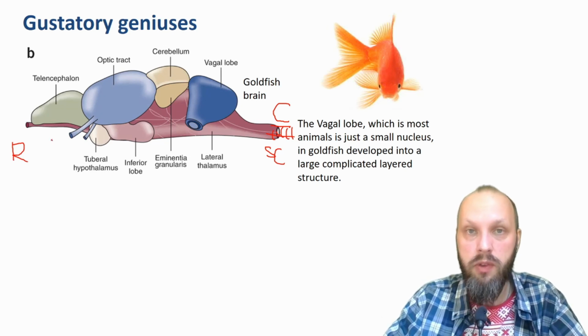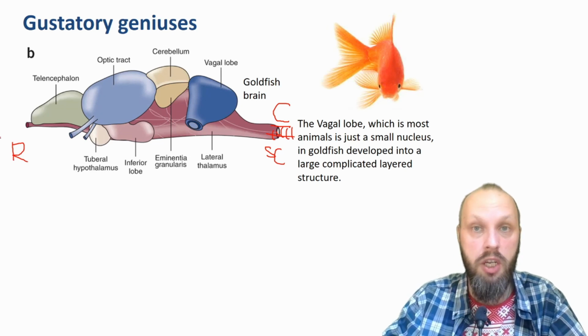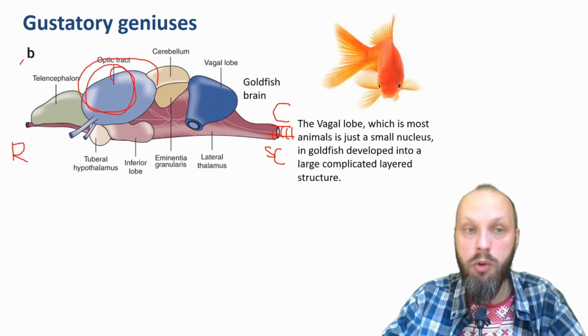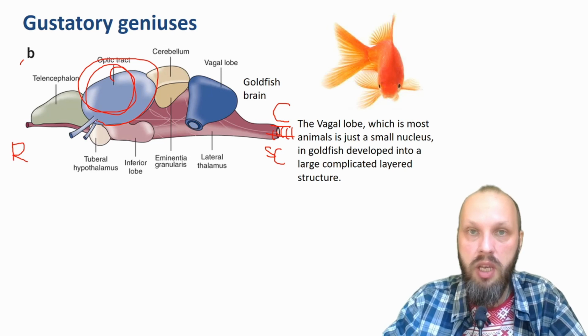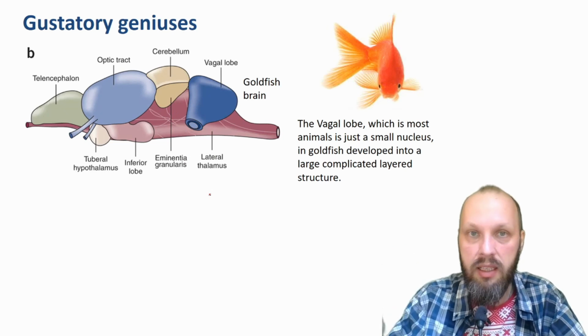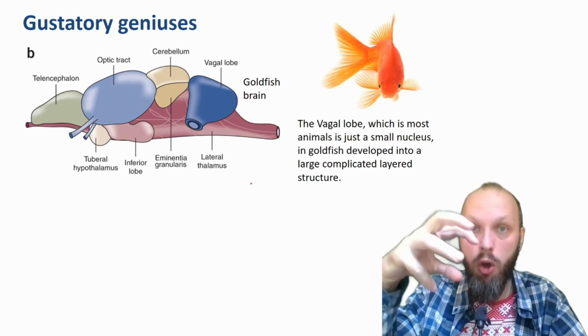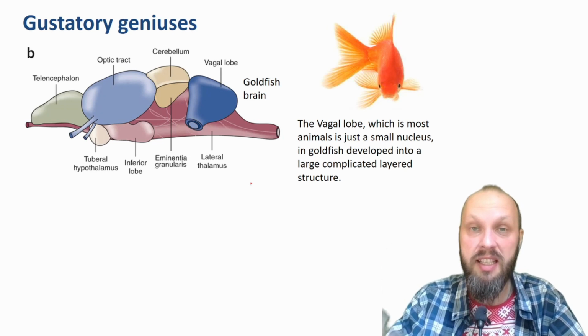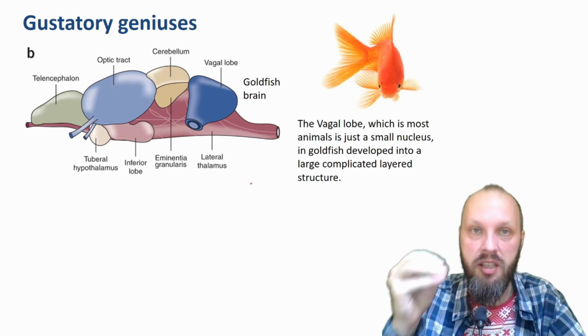And different parts of the fish brain are responsible for different activities and different types of computations. This part, for example, is mostly about vision. So just looking at the size of this part, we can figure out how important vision is to this fish, and it's fairly important. But look at this part. This entire thing is about taste. And in a normal brain, this part would have been much slimmer. This is the medulla, and it's typically elongated. But here we have this blob of matter sitting on top of it that is entirely dedicated to processing taste.